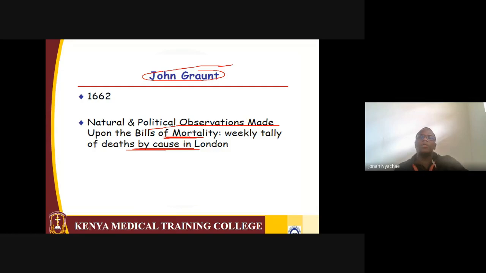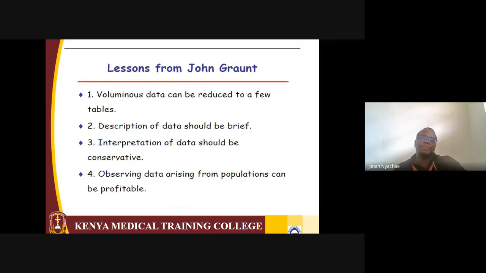He was a politician in London, particularly working for the council. He saw the number of people who were dying, tallied those numbers, and came up with the observation that we have a lot of deaths among a particular age group. So you can go and read on John Grant.